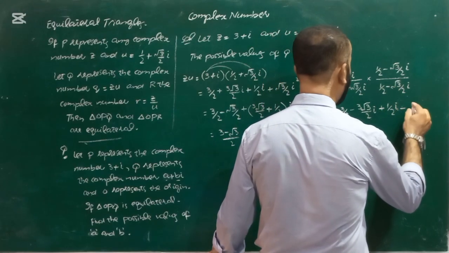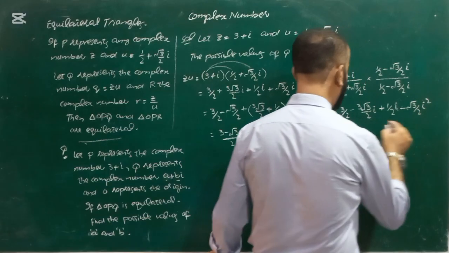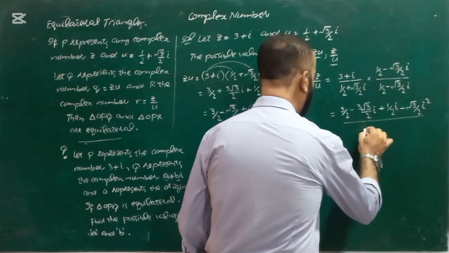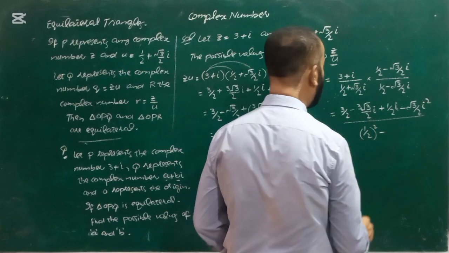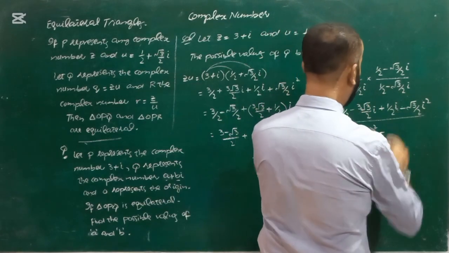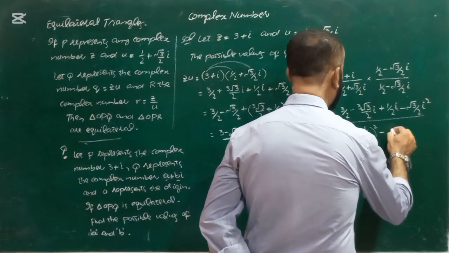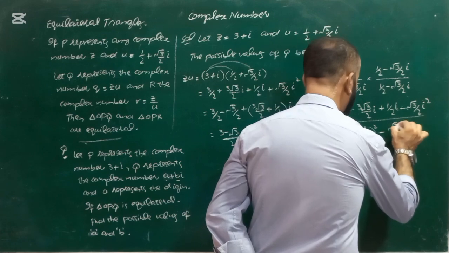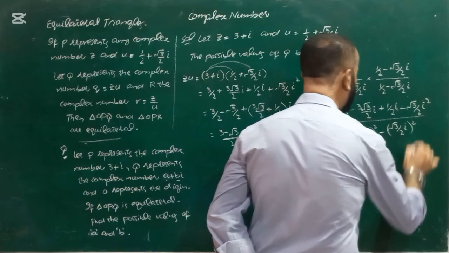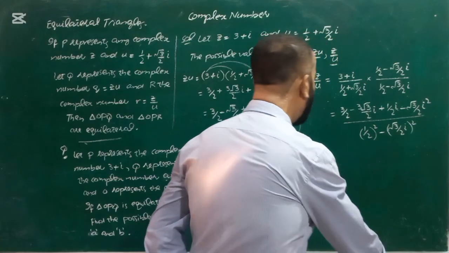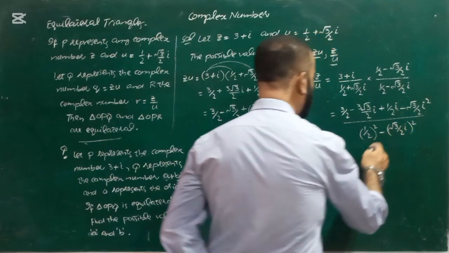Now this will be multiplied, so plus 1 by 2 iota, and this will become square root 3 over 2 iota square. And in the denominator, we will have 1 by 2 square minus, because a plus b into a minus b whole formula will be applied. So 1 by 2 square minus square root 3 by 2 iota whole square. Okay, from here iota square will be minus 1, so this factor will become positive.